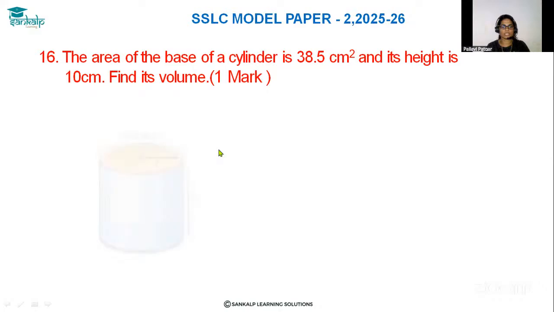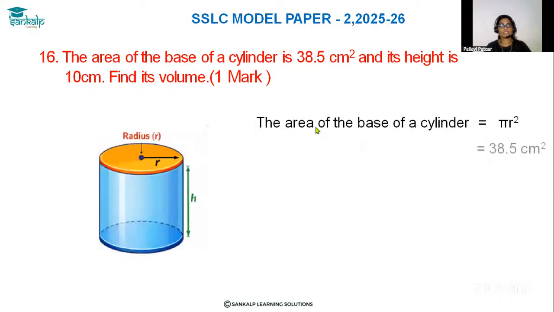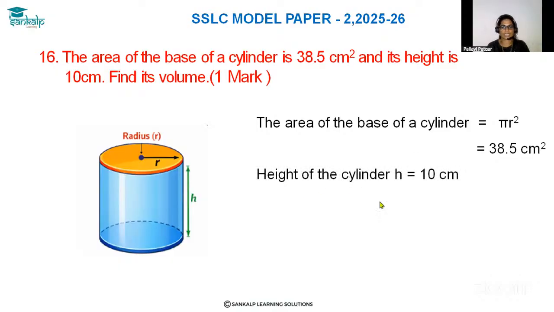Here the area of the base of a cylinder is given, which is 38.5 centimeter square. The base is a circle, so the area formula is pi r square, which is equal to 38.5 centimeter square. The given height of the cylinder h is equal to 10 centimeter.